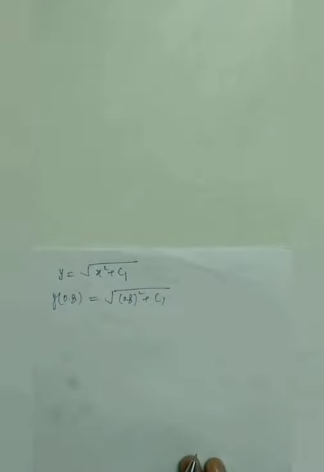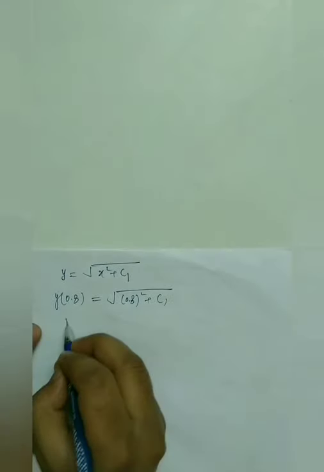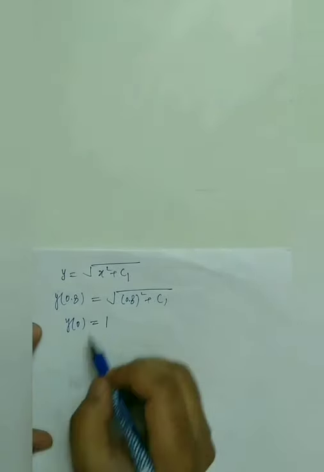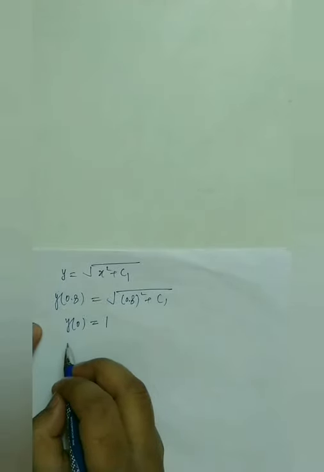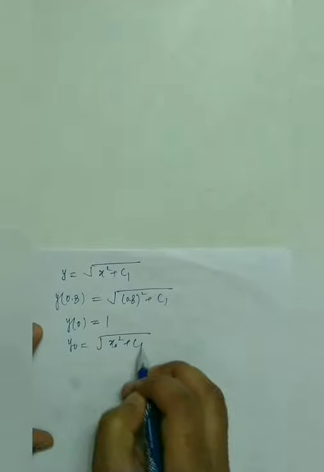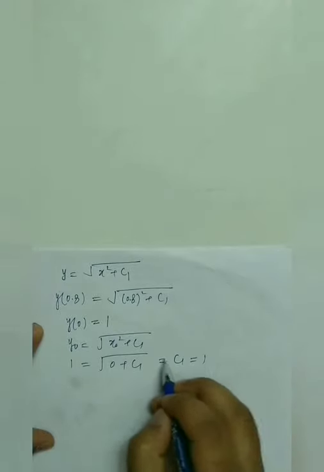First of all we have to find the value of c1. To find c1 we can use the given condition: y0 equal to 1, that is x0 equal to 0 and y0 equal to 1. So y0 equals under root of x0 square plus c1, 1 equals under root of 0 plus c1, so c1 equals 1.